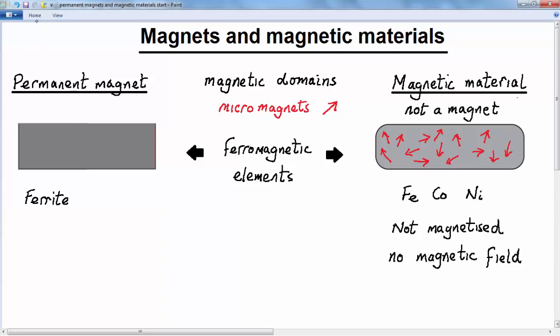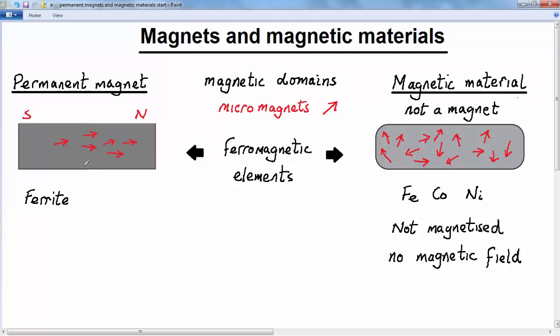Whereas in our permanent magnet, the domains are orientated in a particular direction, remembering that this end of the magnet was red and this was blue, so this is the north pole of the magnet and this is the south pole. Our domains will tend to be orientated from south to north. The arrowhead represents the north of our magnetic domain.